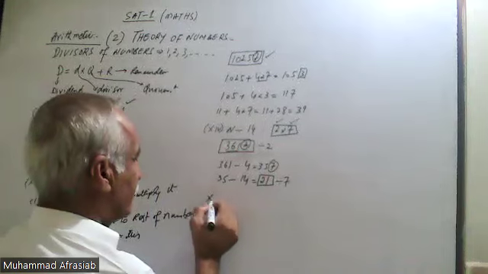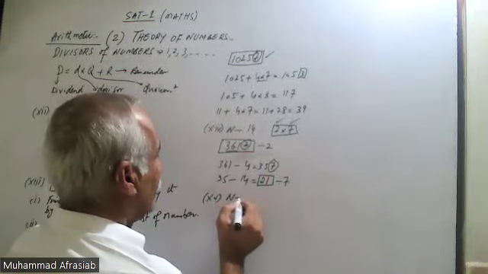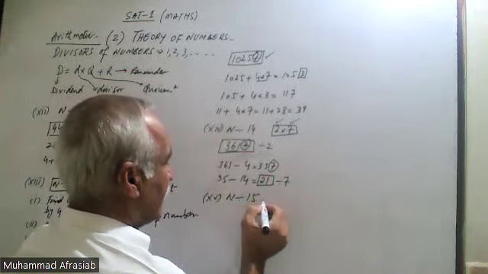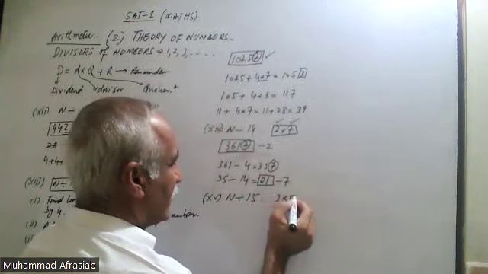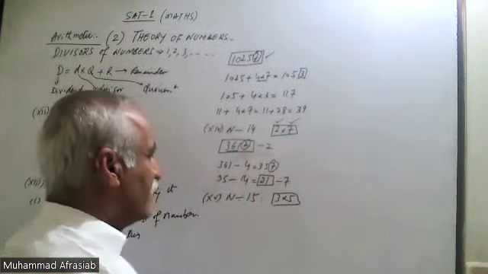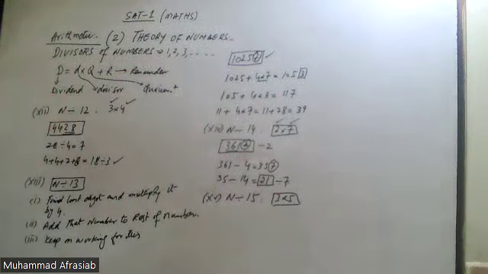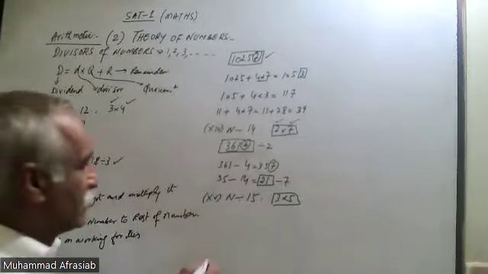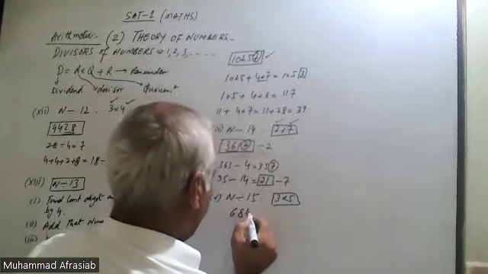Then 15th. Number divisible by 15. That means it is a multiple of 3 and 5. So if the rule of 3 is valid and the rule of 5 is valid, then that number is divisible by 15. Let's take an example of this. 6840.